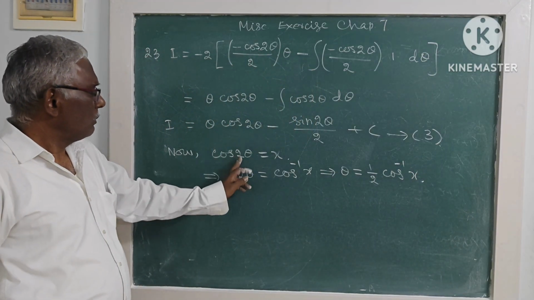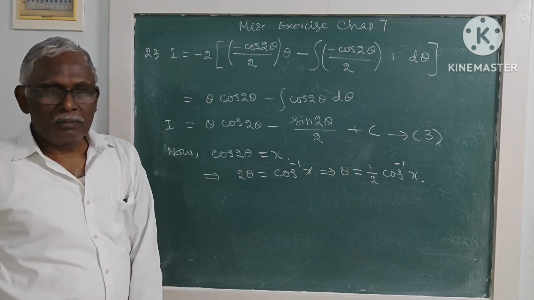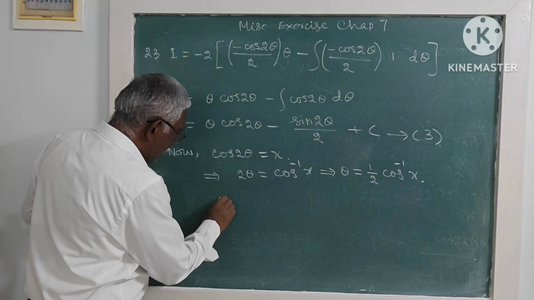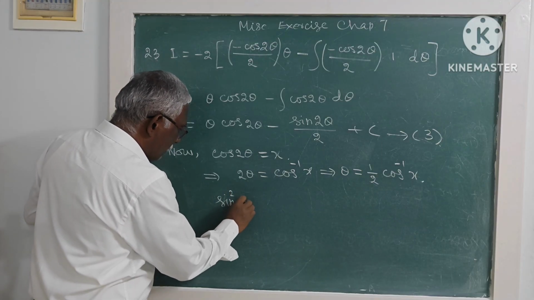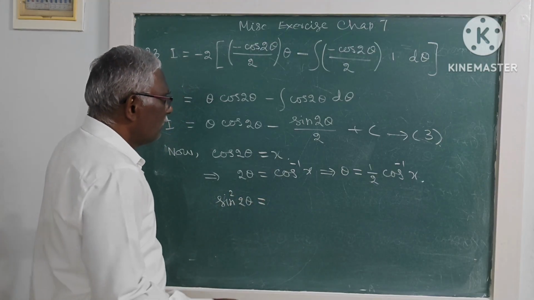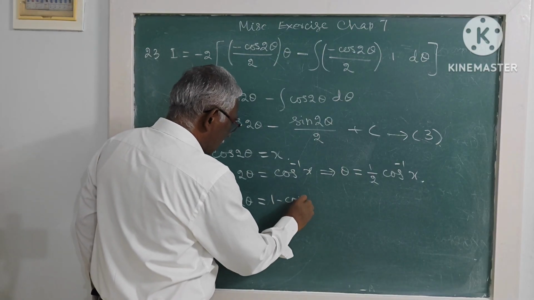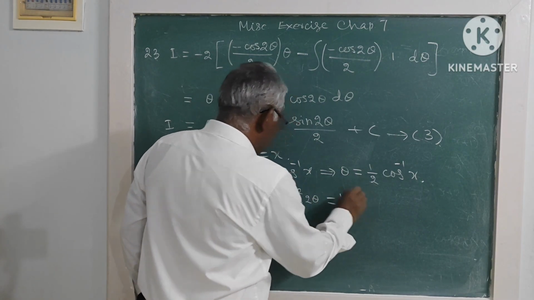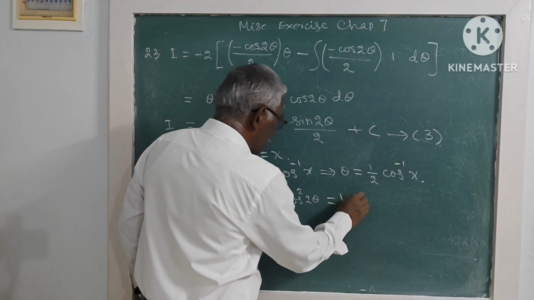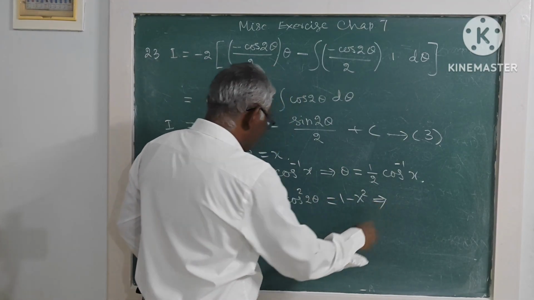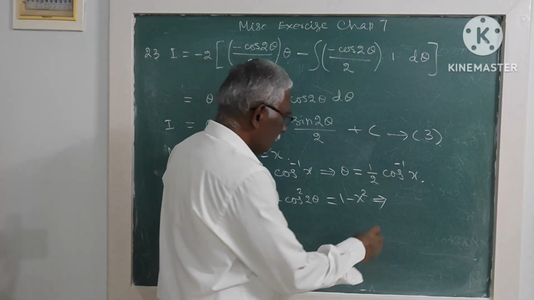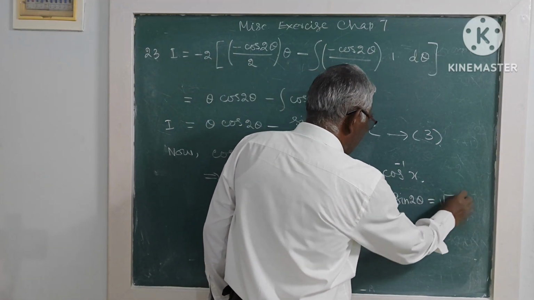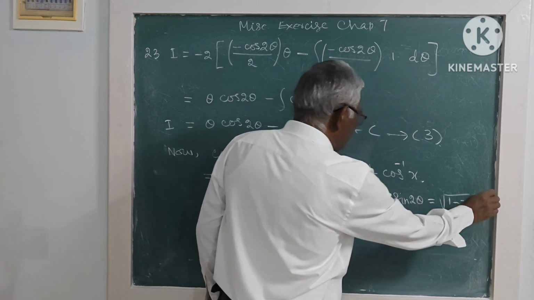So we have found cos 2 theta in terms of x, theta in terms of x, sin 2 theta. So sin square 2 theta is nothing but 1 minus cos square 2 theta. So 1 minus x square. So this gives sin 2 theta is square root of 1 minus x square.